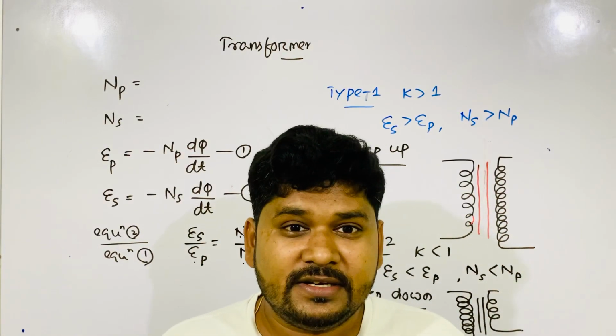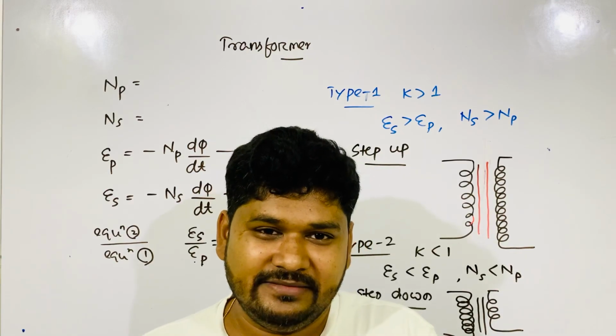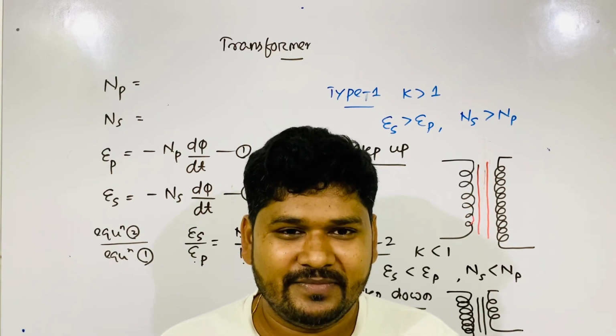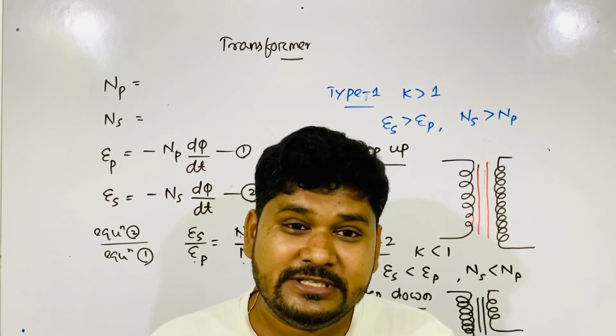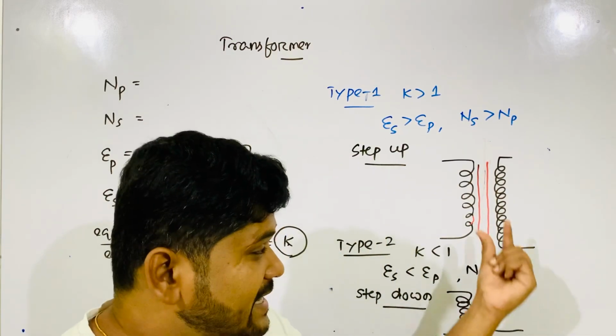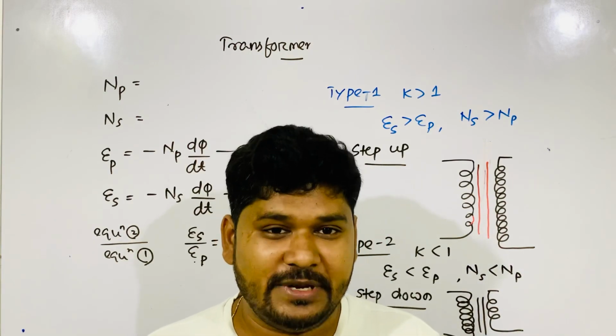Then why would you connect the transformer? Whatever input voltage you give, that much voltage you get. What is the use of the transformer? It is only used to change voltage, either to increase or decrease it, by changing the number of turns of the secondary coil with respect to the primary coil.